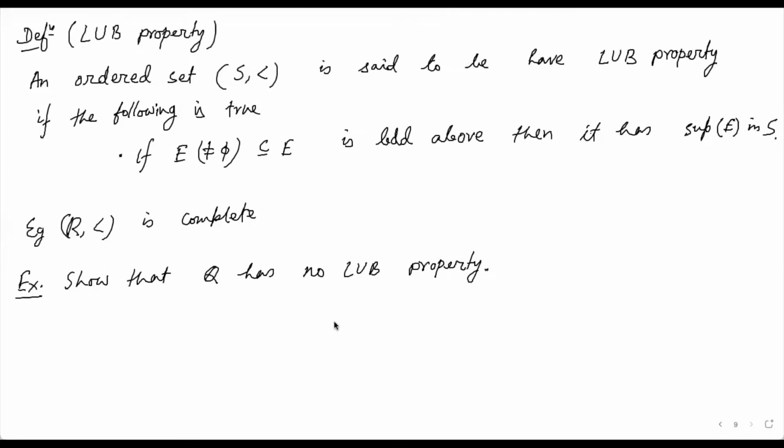Similarly, we can define the GLB property, greatest lower bound property, namely an ordered set is said to have the GLB property if every bounded below subset has a greatest lower bound.